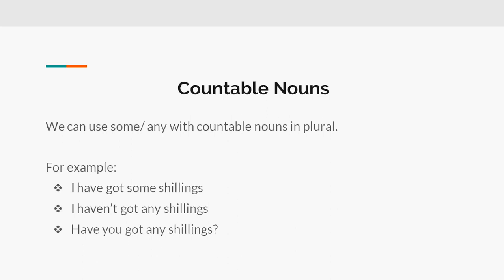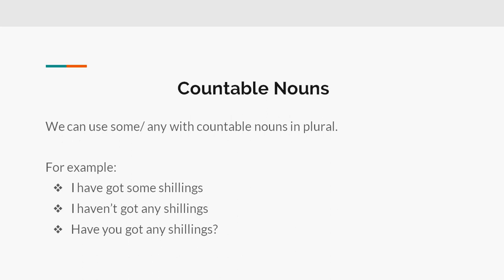So when countable nouns are in plural, we can use the words some or any. For example, I have got some shillings. The use of some. I haven't got any shillings. The use of any.